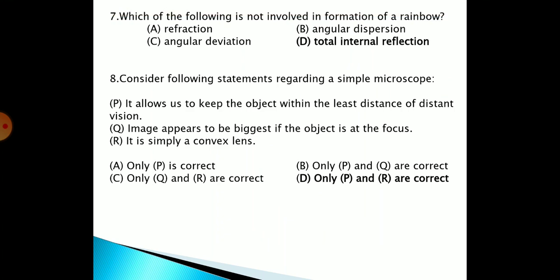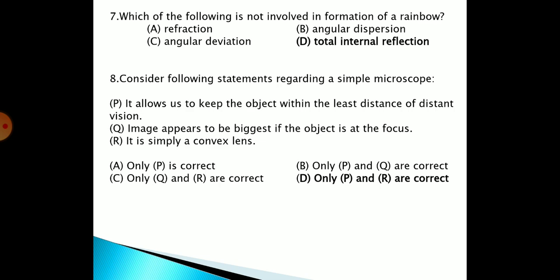Then seventh question, which of the following is not involved in formation of a rainbow? So here, as we know, rainbow is formed due to the raindrops. When light refracts from those raindrops, it gives the rainbow formation on the opposite side of the sun.